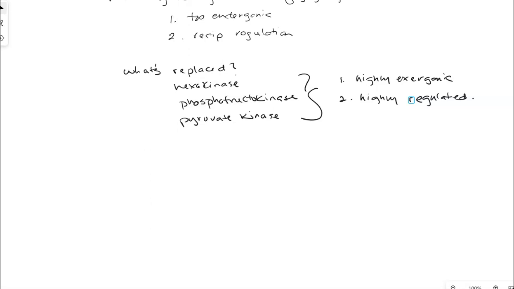So the conversion of pyruvate to phosphoenolpyruvate that initiates gluconeogenesis is accomplished by 2 unique reactions. The first step is catalyzed by the pyruvate carboxylase enzyme, and then we'll have another step by phosphoenolpyruvate carboxykinase.